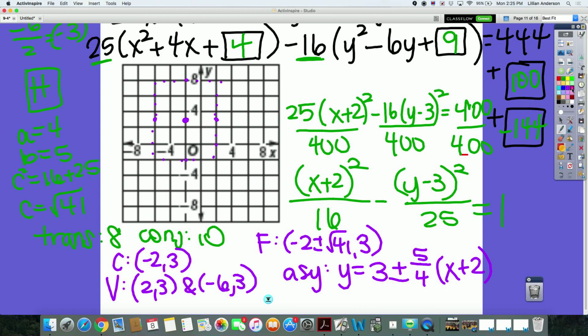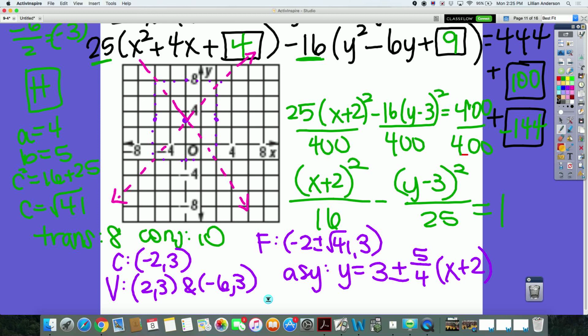Remember, the asymptotes are drawn going from the corners of that box. And just to recap, if I went from the center up 5 over 4, there's the slope right there.